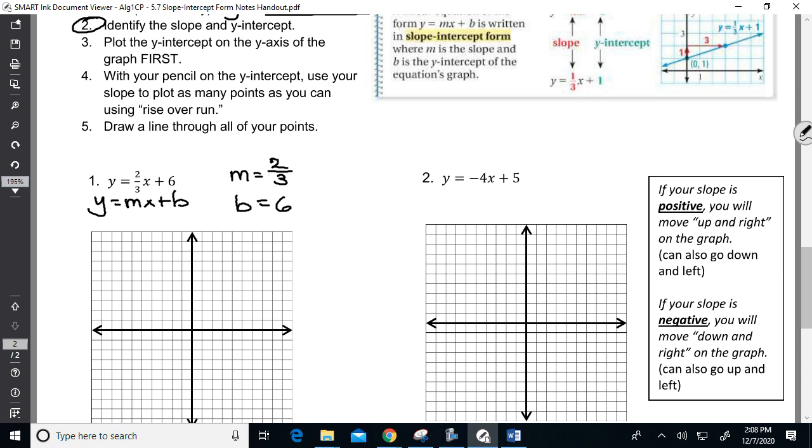On a test, we have to actually separate and put m as 2/3 and b as 6 when graphing it, if it asks you to. I would always be in the habit of doing it, because if for some reason you do this problem wrong, I can still give you partial credit for having at least identified that.